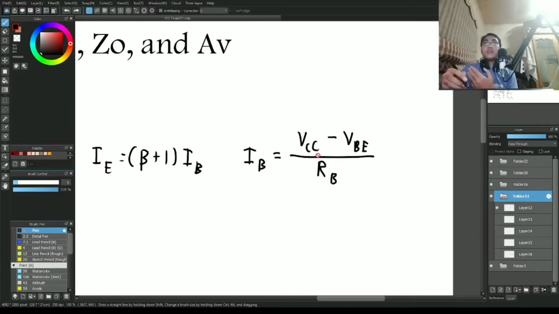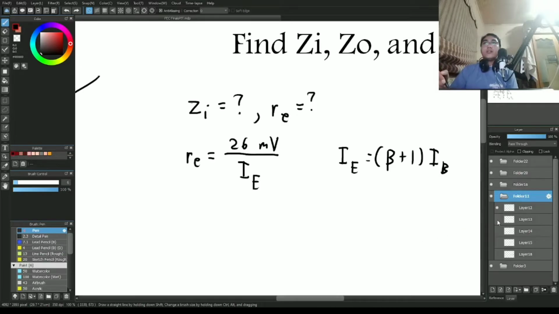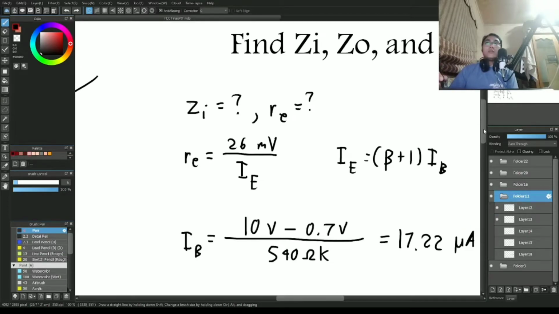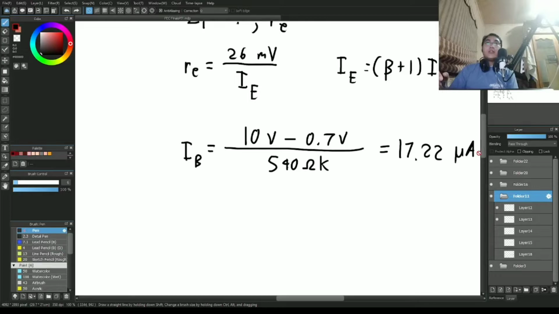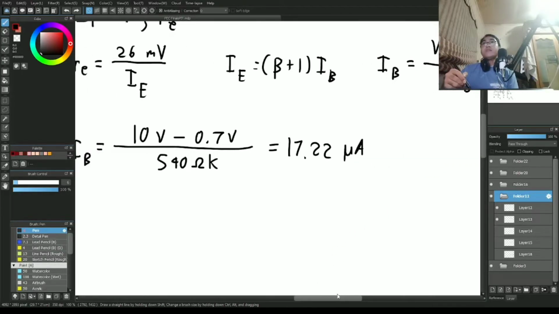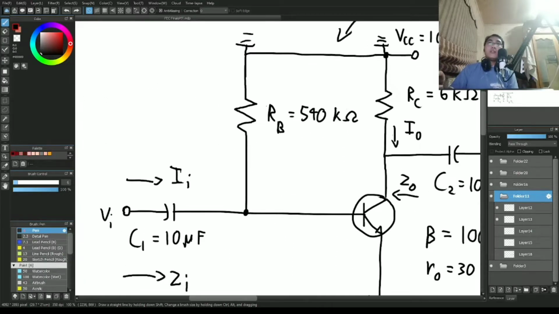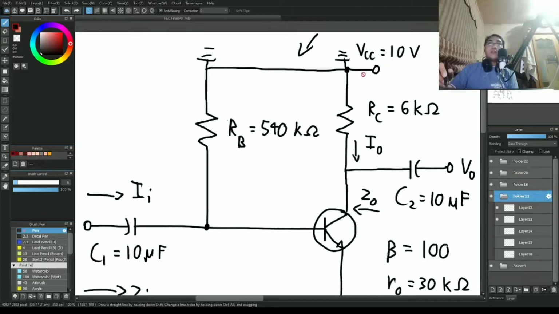IB is equal to VCC minus VBE over RB. Now, let's find IB first. Of course, we just substitute the values for VCC and RB, which can be found in our circuit right here, which is 10 volts and 540 kilo ohms.